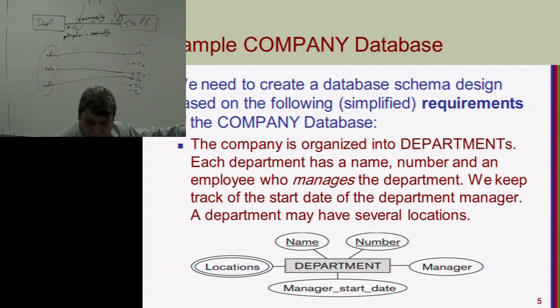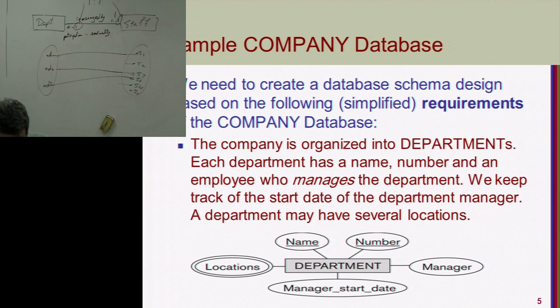When we read these scripts, we look for nouns and verbs. The entity types are nouns, right? The attributes are nouns. The relationships are verbs.